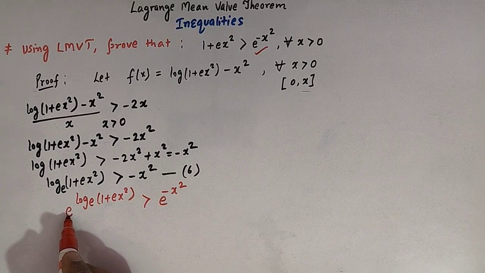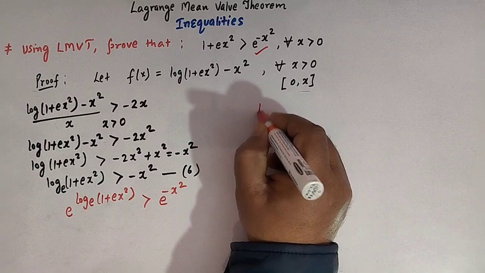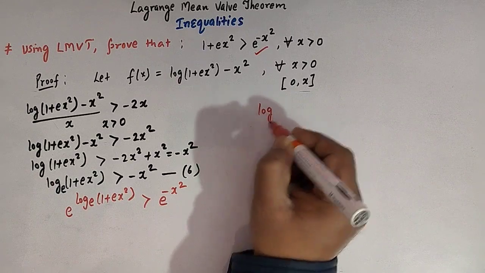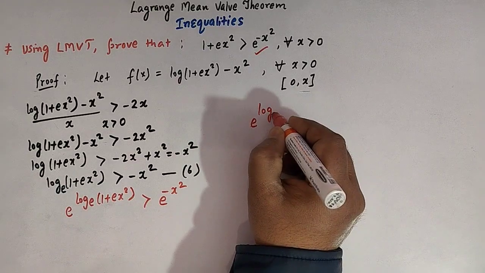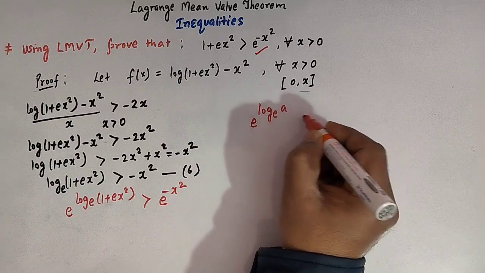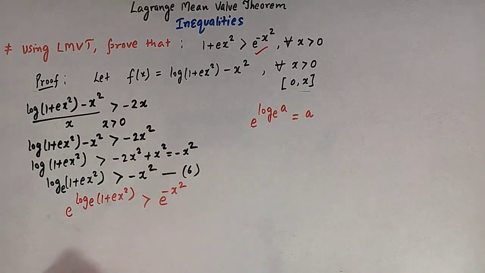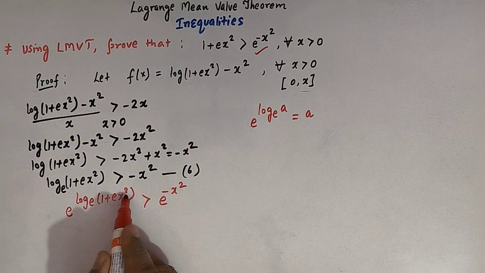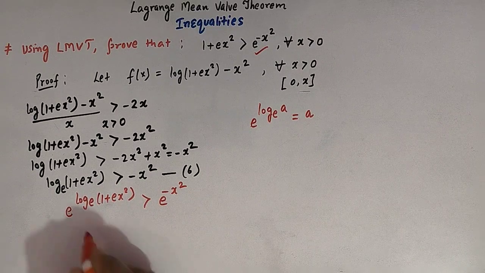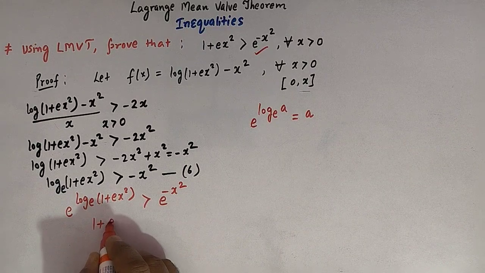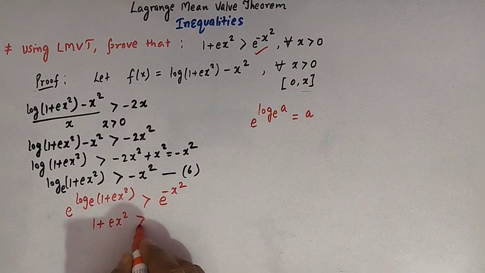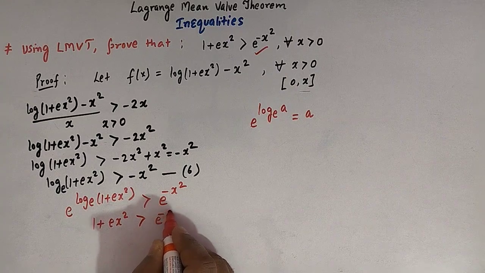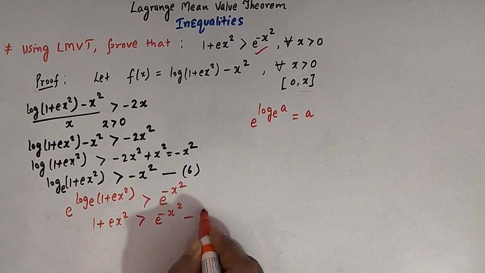Now here see, we know an important result from calculus that if we have e raised to log of a, then we can write it as a. So here our a is 1 plus e^(x²). So now we can write 1 plus e^(x²) is greater than e raised to minus x².